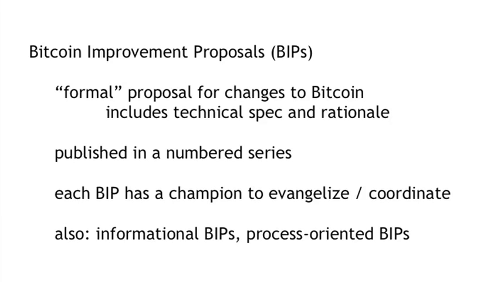Another related piece of machinery is Bitcoin Improvement Protocols, or BIPs. These are formal proposals for a change to Bitcoin. And typically, an improvement proposal will include a technical specification for a proposed change as well as a rationale for it.